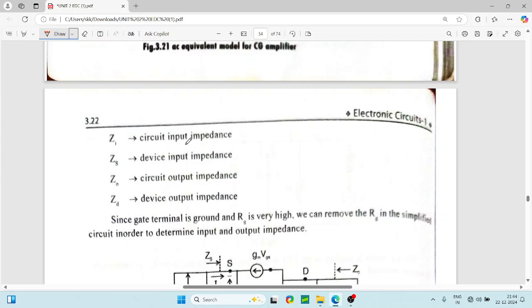ZI means circuit input impedance. Earlier we used ZIC, here they used ZI for circuit impedance.